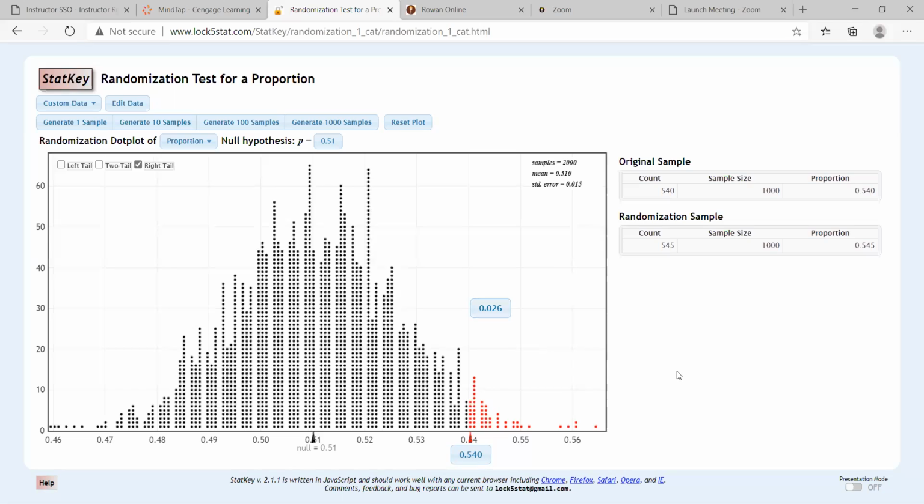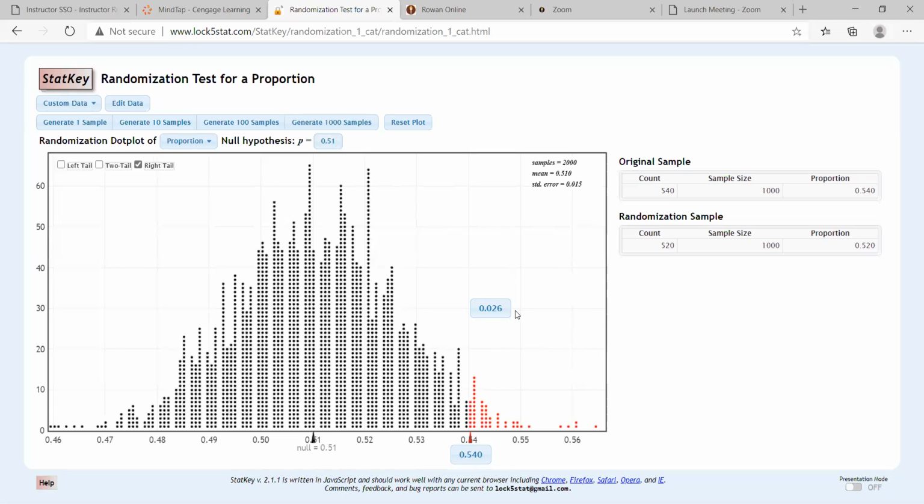So it depends on your alpha whether you reject or not. That's why in the interpretation you would have to state at the beginning the level of significance. If it's 5%, we would say at the 5% level of significance, we would reject the null hypothesis that p is 0.51, and we would conclude that it's bigger than 0.51.